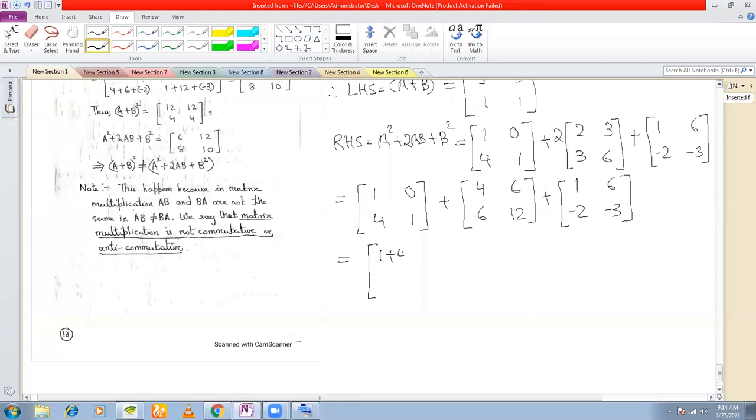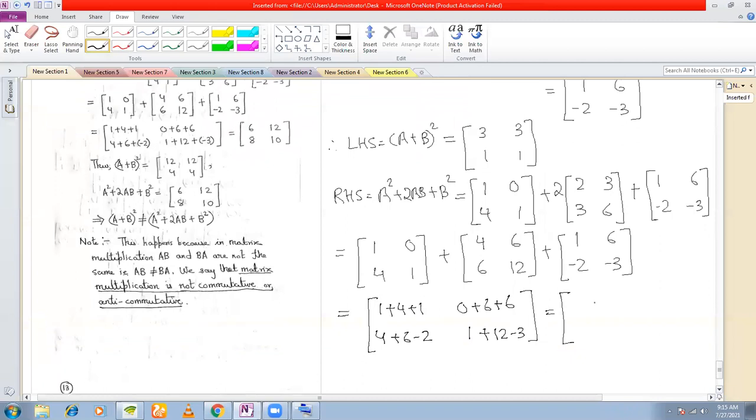You get 1 plus 4 plus 1, 0 plus 6 plus 6, 4 plus 6 minus 2, and 1 plus 12 minus 3. So here you are going to get 6, 12, 8, and 10.